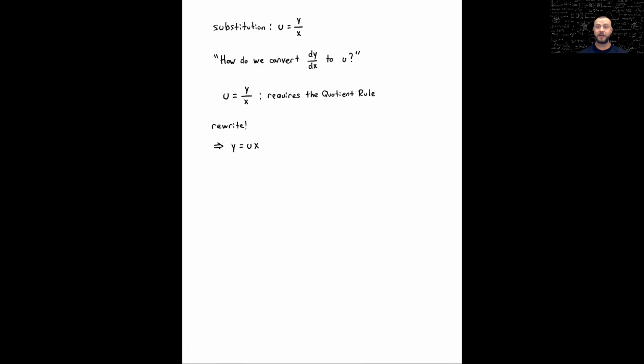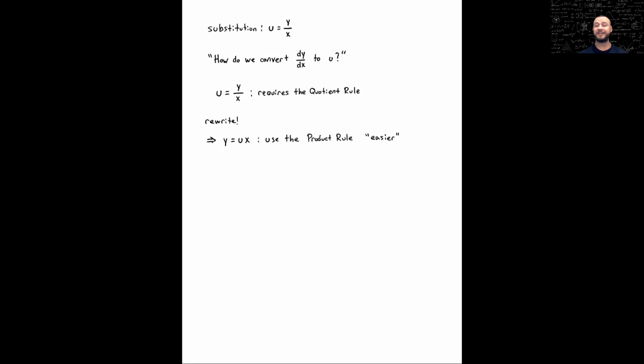Basically multiply x to the other side, and we get this alternate but equivalent version, y equals u times x. Now keep in mind, y itself is a function of x. That means u is also a function of x. But what we have now is a function times a function, and that we can use the product rule to differentiate, which would be a little easier over the quotient rule.